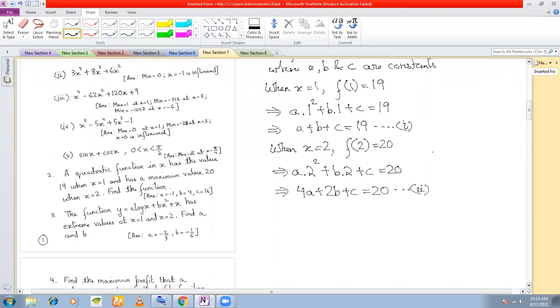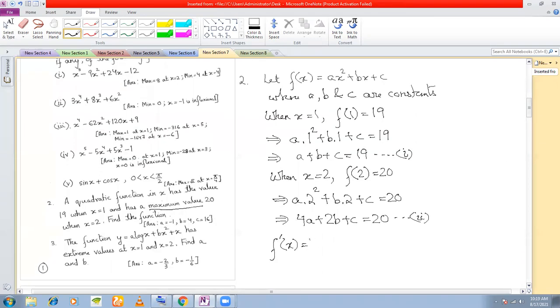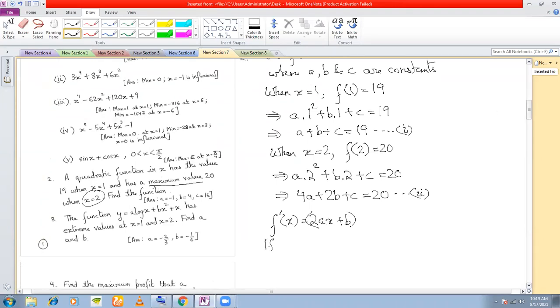Fine. So you get equation number 1 and 2, but there are 3 unknowns. You should have a third equation also. We'll now use the fact that this has a maximum value. Now see, what is f dash x. If you differentiate this function f(x), you're going to get 2ax plus b, right? Now, if this function has a maximum value when x is equal to 2, that means if f(x) has a local maxima at x is equal to 2, that means f dash 2 must vanish.